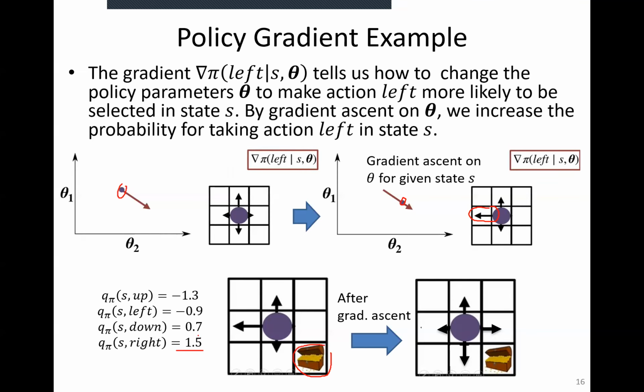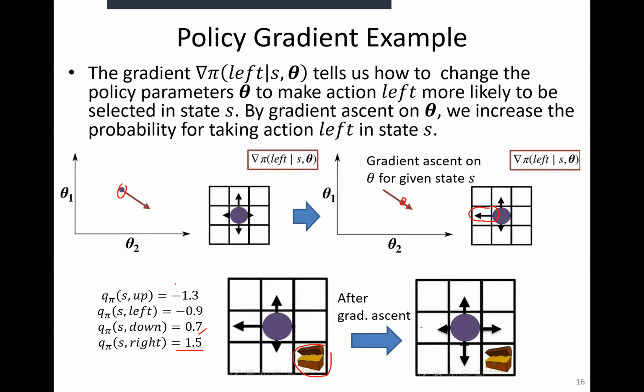And going down is also okay. So you can see that the estimate is pretty accurate because it should go right and go down to reach the reward. So after gradient ascent in the parameter space, you should have a new policy like this.